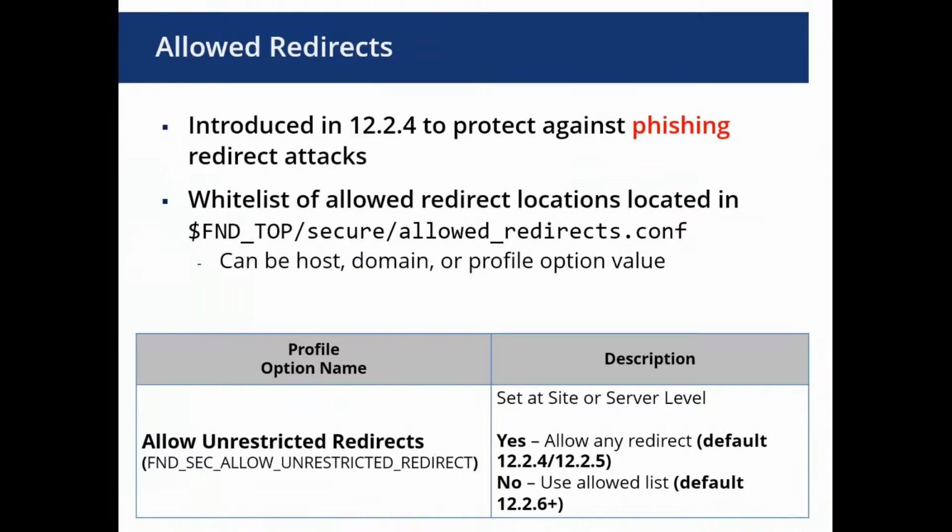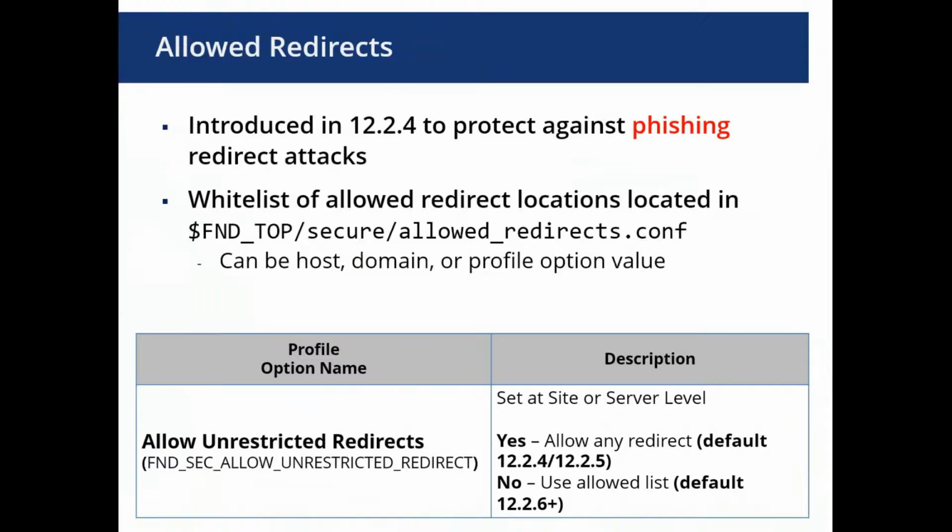So Allowed Redirects is helping to solve that problem within Oracle E-Business Suite, because within it there are lots of redirects. A redirect is somewhere on a URL that I'm going through in the application, and if you carefully look at the URL, you see what the browser is accessing. What you'll see in there is Oracle is including URLs within web pages that then send you off to other locations.